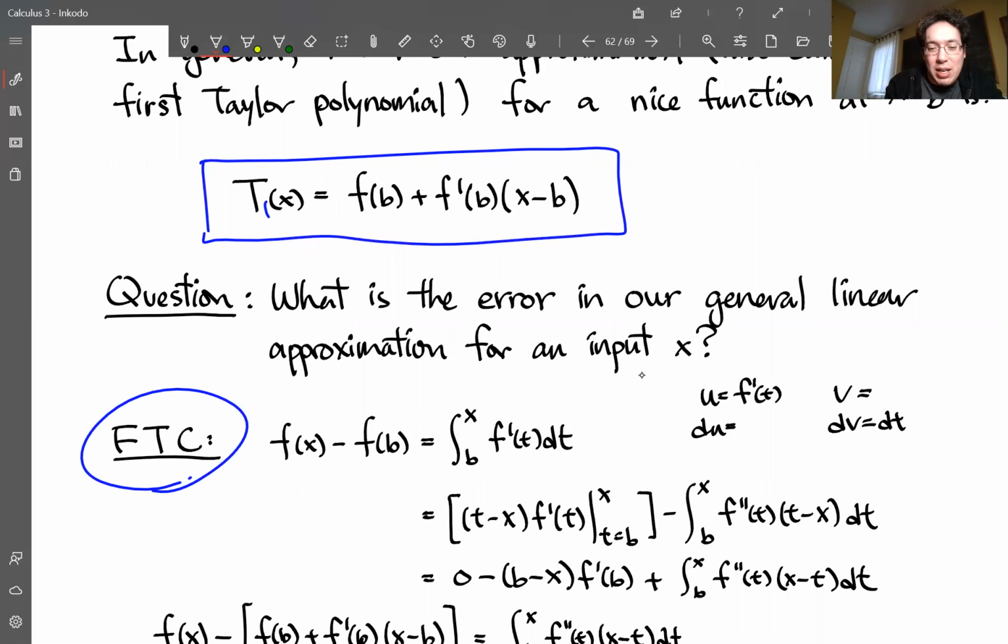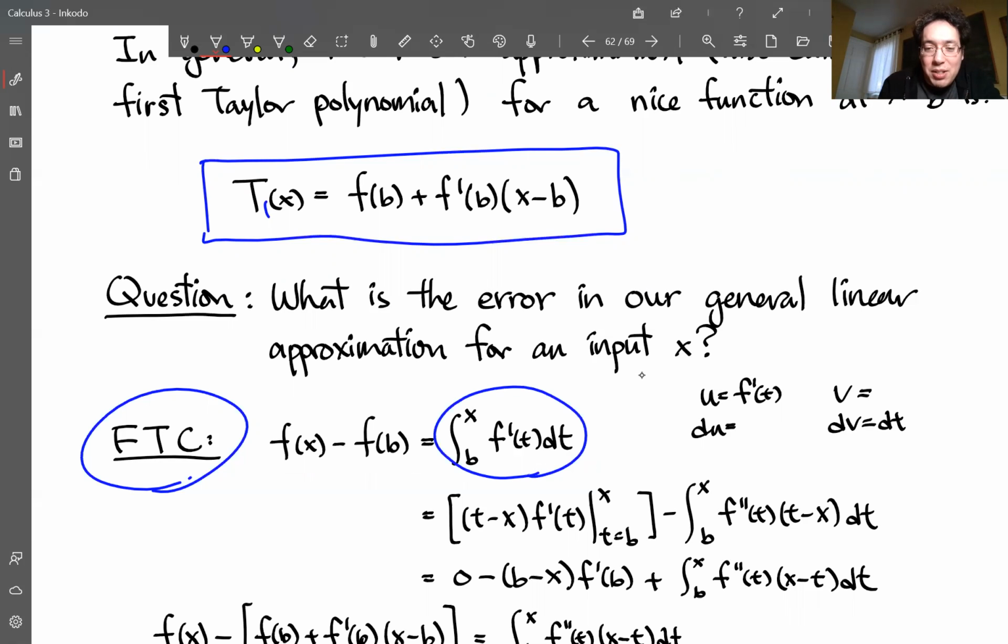So we know that the area underneath f prime from b to x is the same thing as the difference of the upper and lower limits of the antiderivative of f prime, which is the original function f. So this is the fundamental theorem of calculus right here.